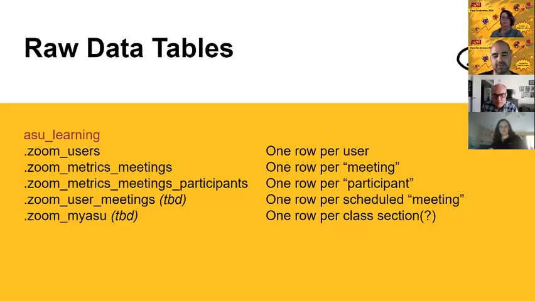And those two TBD items are specifically intended to help us better tie the Zoom data to the PeopleSoft data, because there isn't a reliable unique identifier between those two systems. So the more data we have, the more reliable we can make those connections. Beyond the raw tables, the enriched tables, the good stuff.